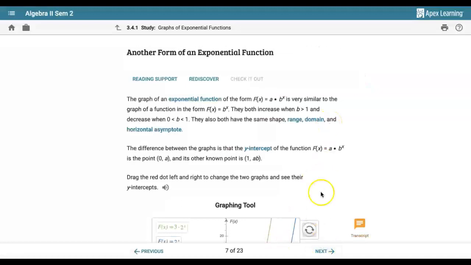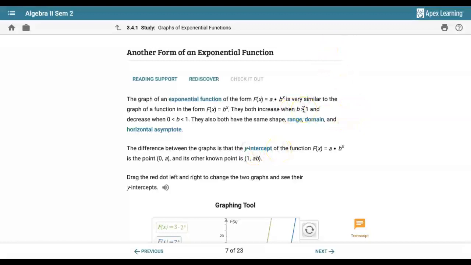All right. So then looking here, if we now go to a slightly more complicated version of our exponential function, we add in that a value out in front, that constant that we can multiply by. So what happens there, it still has the increasing or decreasing nature based on our b value.